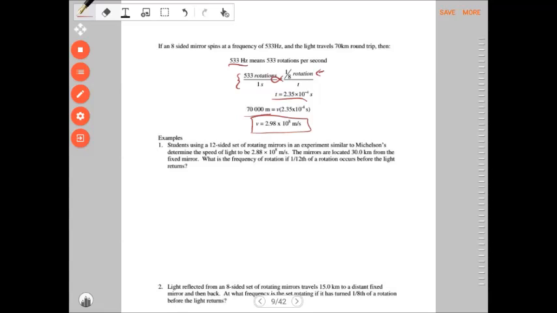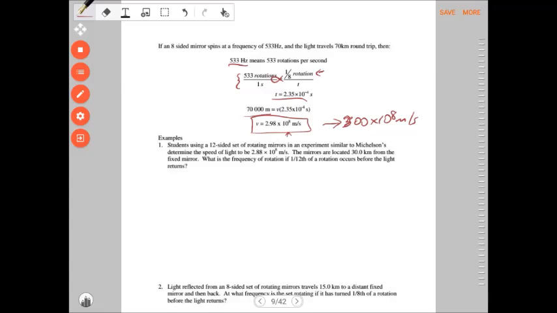Then as we refined that experiment and got better with the frequency and the rate of spin and all that, that's how we came to our accepted value today of 3.00 times 10 to the 8th meters per second, which of course is on your formula sheet. So that's what we use now. But Michelson's very first one was 2.98, so extremely close.